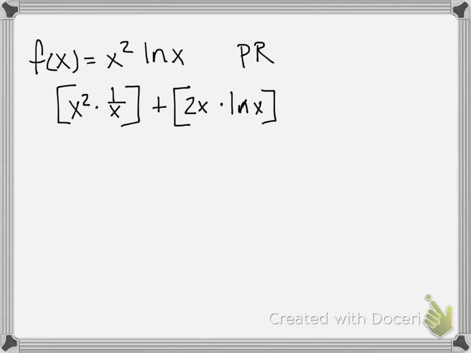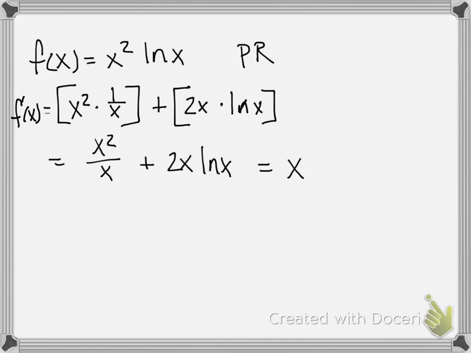Alright, so there we get x squared over x. Let me go ahead and say f prime of x plus 2x ln x. The 1 over x's will cancel, so we have x plus 2x ln x.